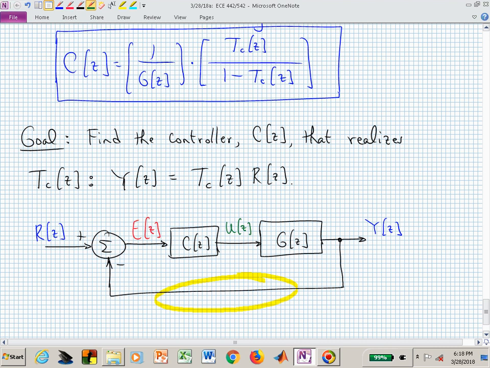Ideally, we would want the output Y to be tracking the input R. Or when we compare these two, R minus Y, E, we would like to drive to 0, usually. Or we want to make it very small. We want the error between where we want to go and where we're at to be very tiny, typically.